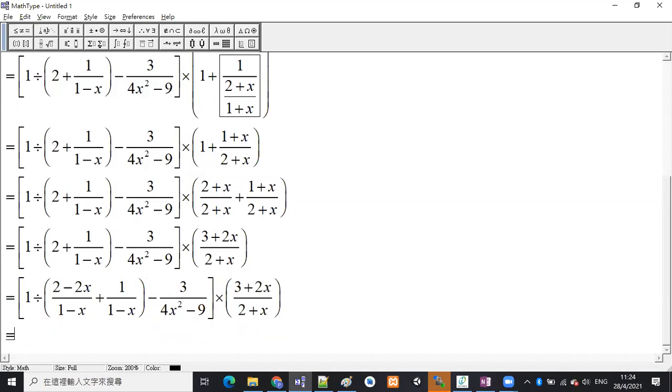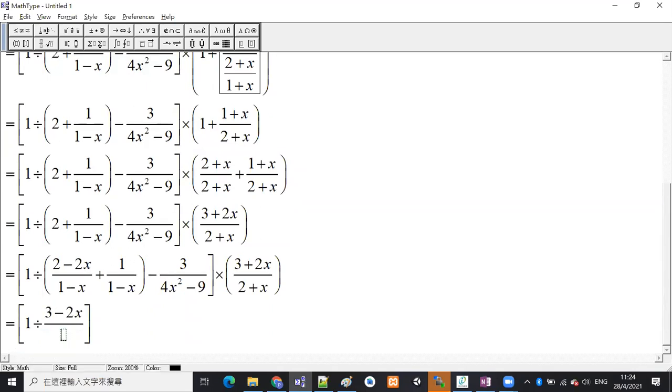Okay? And then we merge the two fractions together. So 1 divided by this becomes 3 minus 2x over 1 minus x. Minus, actually you may factorize this: it's 2x plus 3 and 2x minus 3. Can you see this? And I think this should be inside the square bracket. Yes, okay.